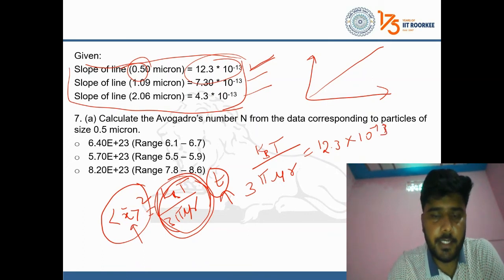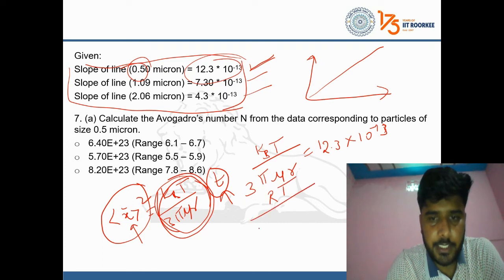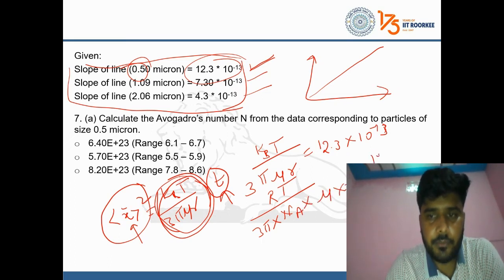Expanding kB, that is R T divided by 3 pi, times Na times mu r, equals 12.3 times 10 raised to minus 13.